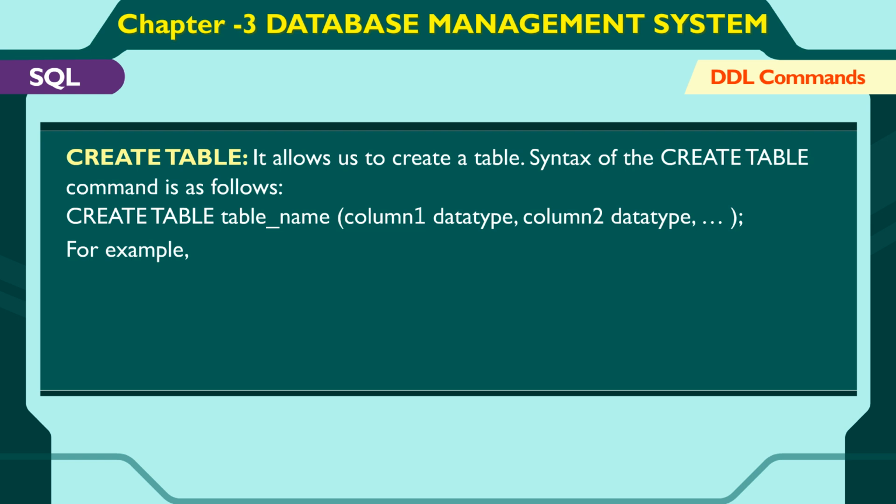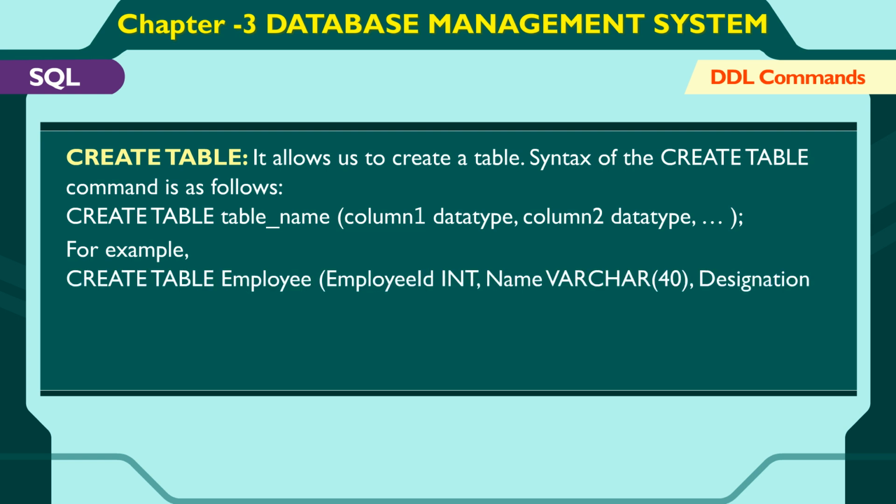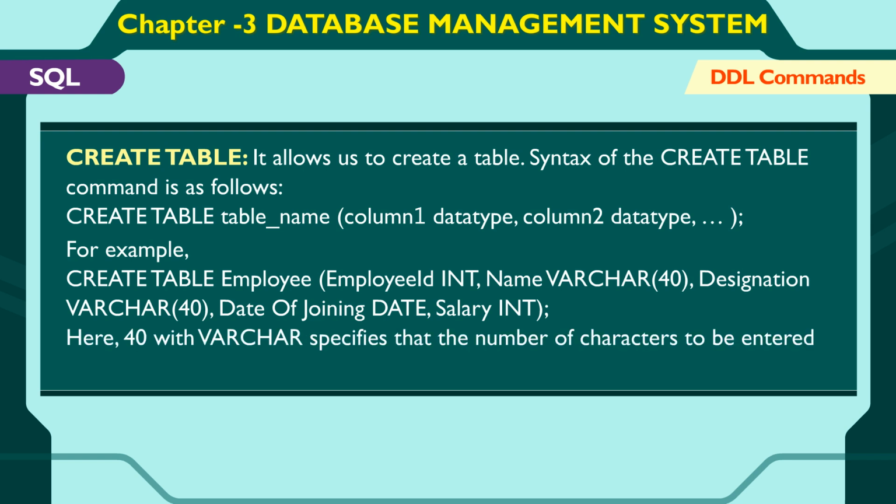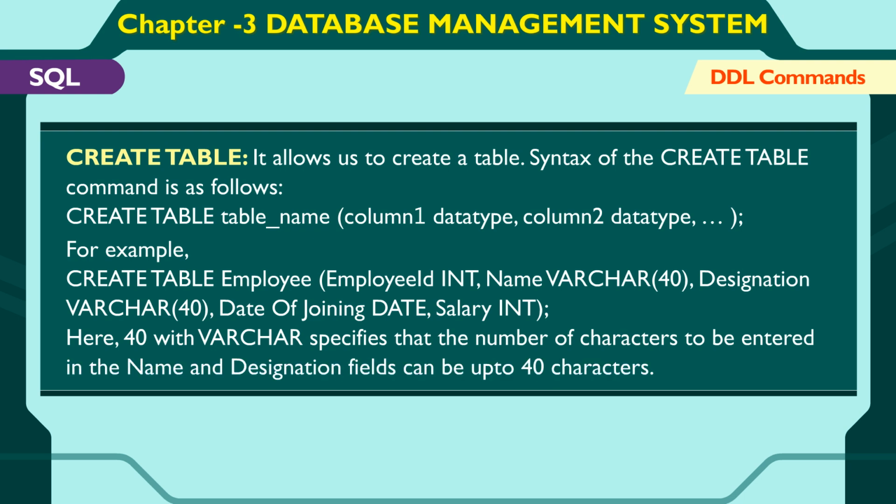For example, create table employee, in bracket, employee ID, INT, comma, name, varchar 40, comma, designation, varchar 40, comma, date of joining, date, comma, salary, INT. Here, 40 with varchar specifies that the number of characters to be entered in the name and designation fields can be up to 40 characters.